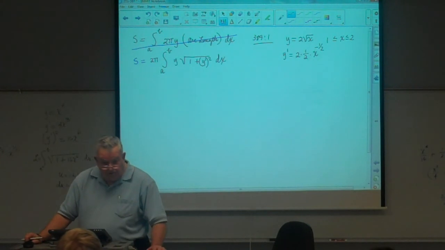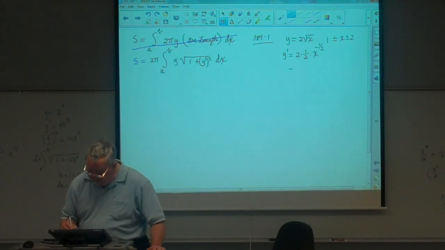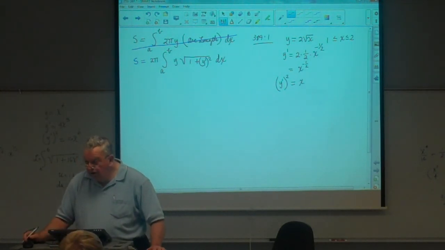Does that look right to you? All I did is take the derivative of x to the 1/2. Everybody okay with that? But that's equal to x to the minus 1/2. And y prime squared is equal to x to the minus 1.